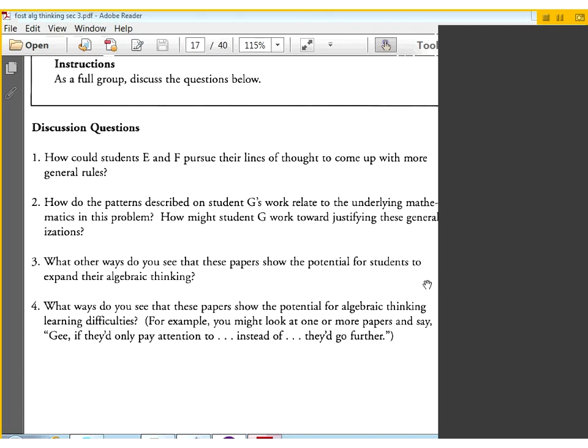Anyone here have anything else? Yeah, I mean, a middle school or high school student could do this problem. They might not get to the level of a graduate student or undergraduate student in mathematics, but pretty much anyone can fill out the table, right? And then develop patterns. And a lot of learning algebraic thinking is recognizing patterns.